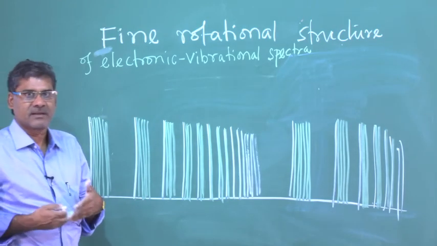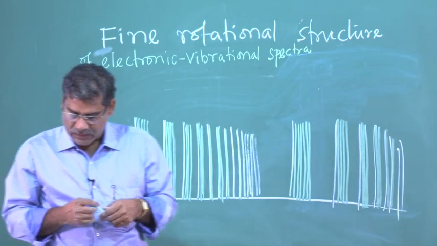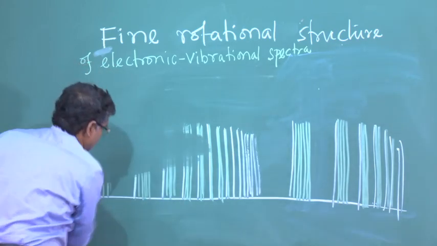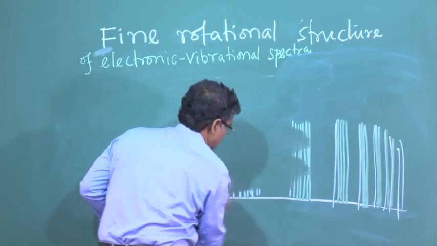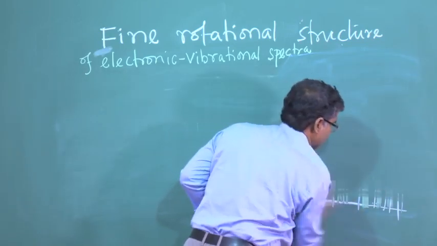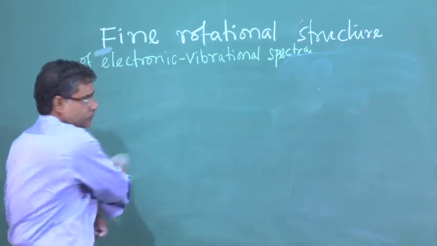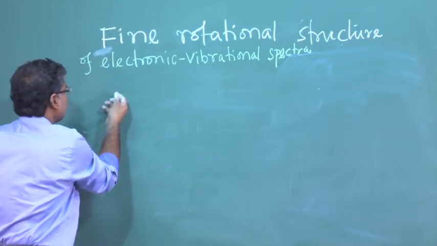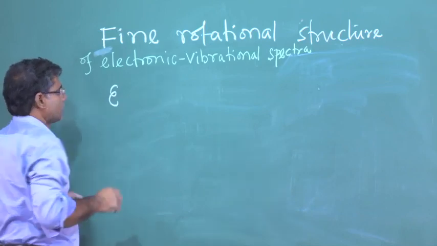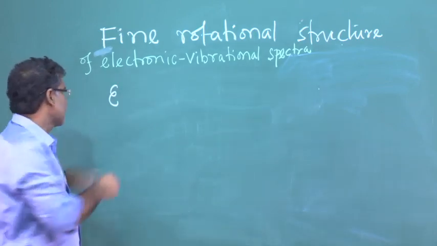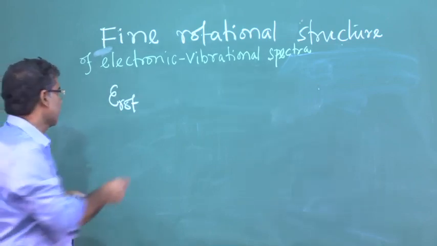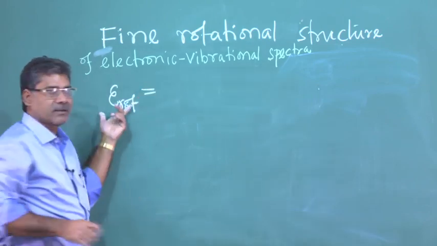So, what is the effect in electronic spectra? Rotational energy, that is basically in wave number, centimeter inverse.